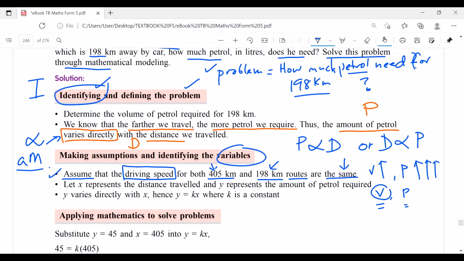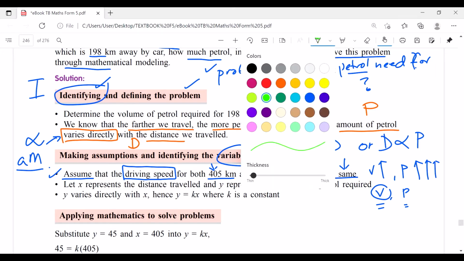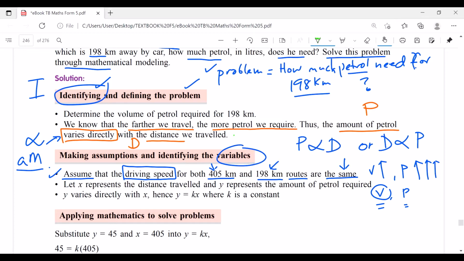Okay, so now we go to the variables. When you identify, you already know your variables. The variables will be the distance travelled, and then the petrol.